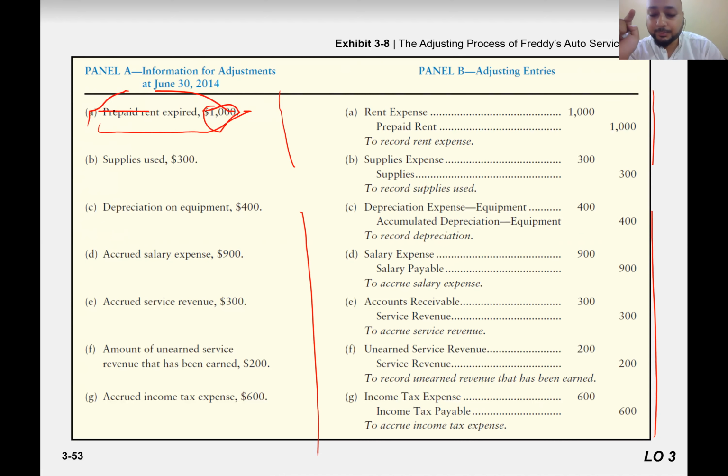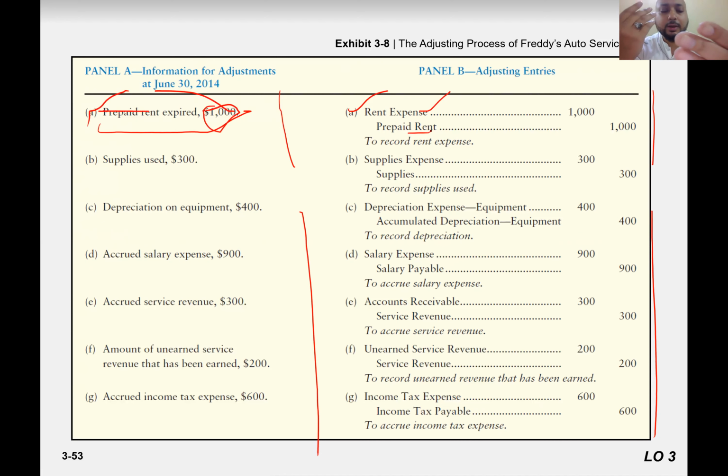It means we lost value in our prepaid, because that prepaid expense is now used, consumed, expired. We have different words like consumed, expired, retired. It means we retire the expense from our asset. So the entry would be rent expense to prepaid.